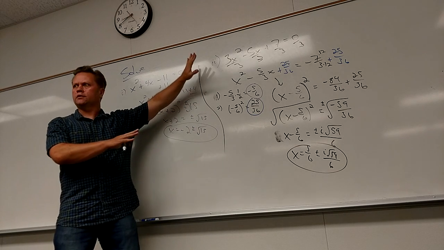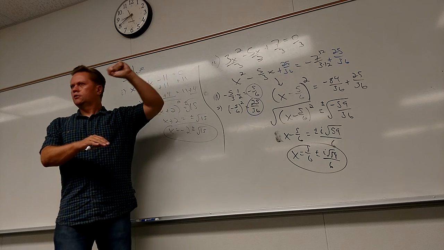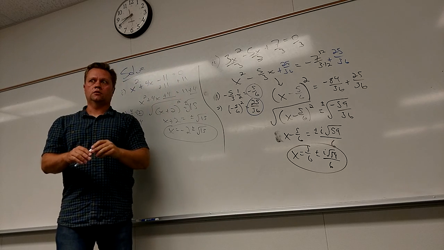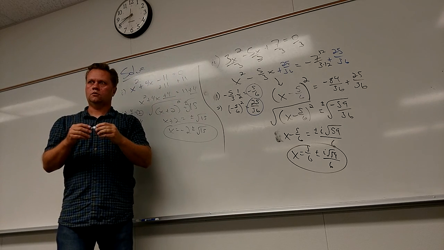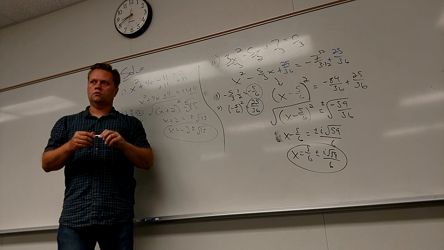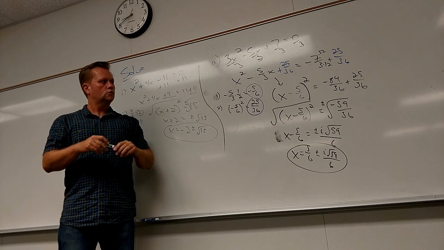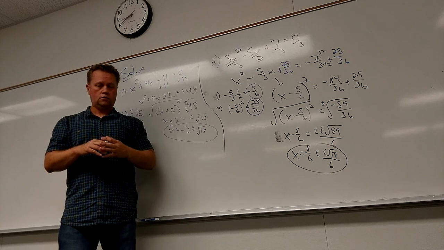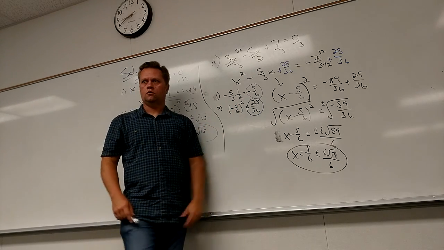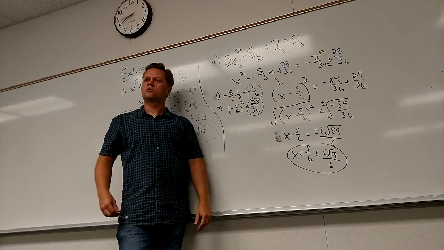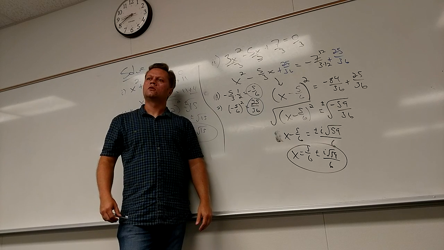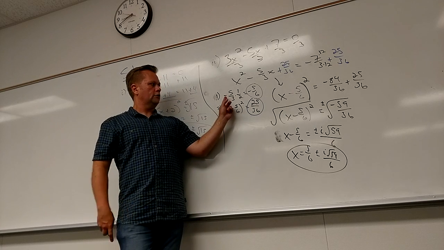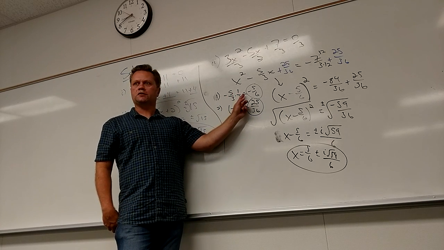How are we feeling about this? I had a question: when you put x minus 5/6 squared, that's because it's going to be two of the same thing. Right here, what was the result of the first step?